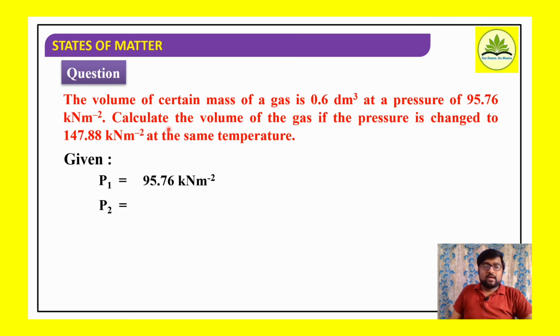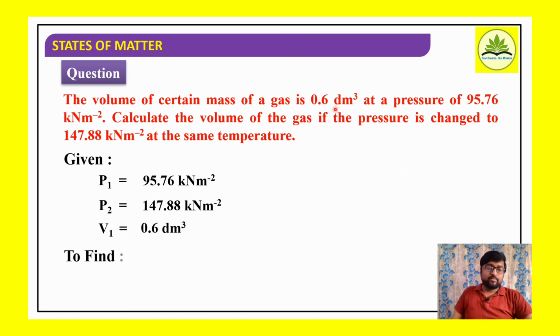What they are saying is, calculate the volume of the gas if the pressure is changed from 95.76 kilo Newton per meter square, to where are they changing the pressure? It is changed to 147.88 kilo Newton per meter square. When pressure changes, they are asking for the volume. That's it. Initial volume is how much? 0.6 dm cube. What we have to find out is V2.